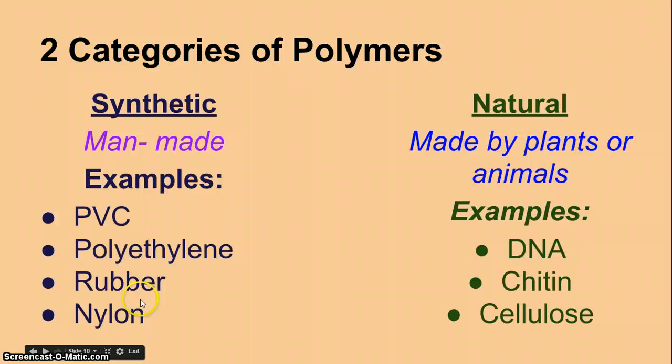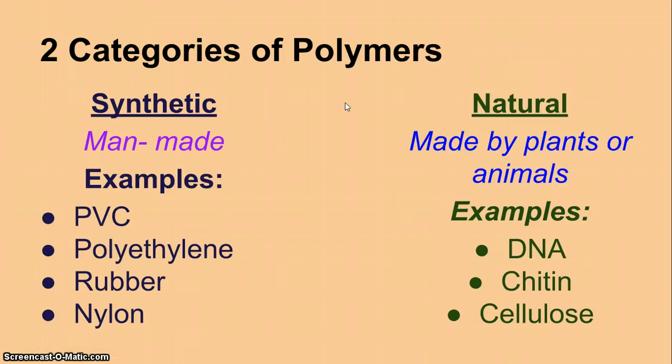Rubber, there's natural and there's man-made rubber. Most of the rubber that we know, such as the rubber in tires, is actually synthetic or man-made. And nylon is synthetic. Fleece is an example of a synthetic polymer. All of these are man-made. We make them in a factory.